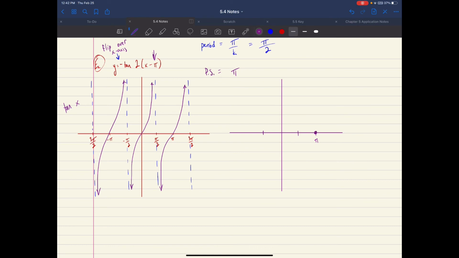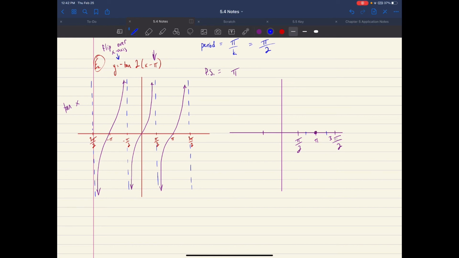And then on either side of pi, this would be pi over 2, and on this side, this would also be pi over 2, if I'm using this consistent scale, or 3 pi over 2. Mine only has a period of pi, so in between that is where my asymptote values are.